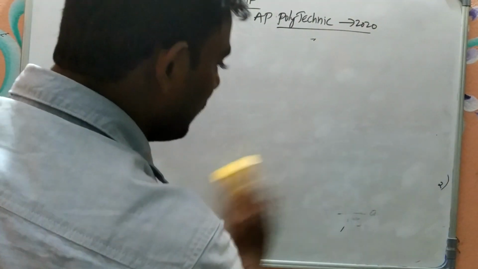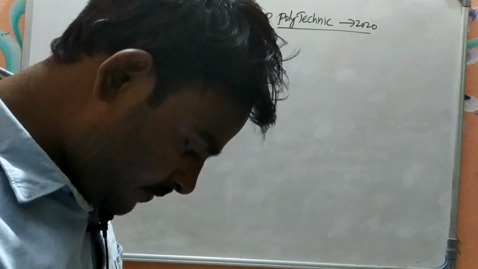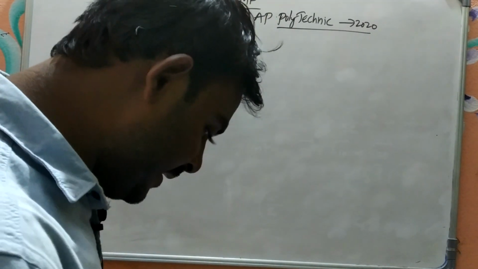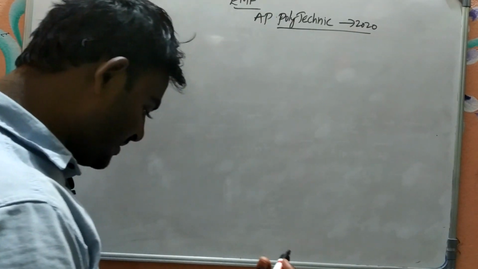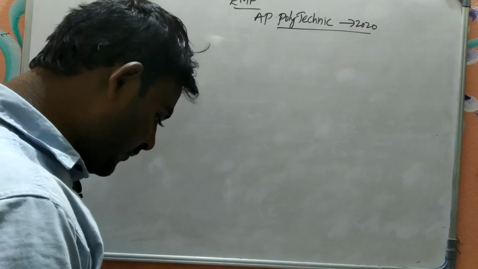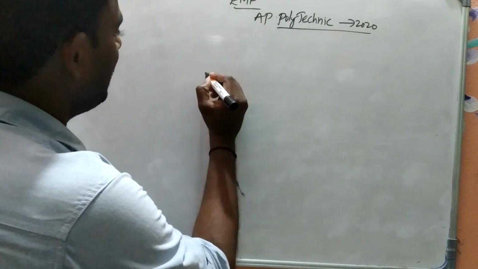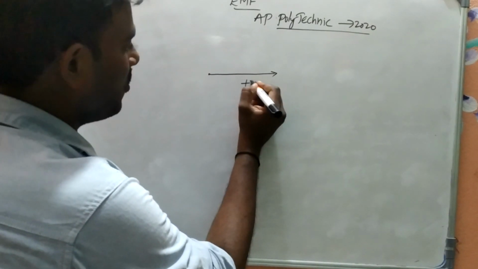Now we will do one more question. So the question is like this: a uniform electric field is directed along the positive x-axis and its magnitude is... See, you have a uniform electric field which is directed along positive x-axis.